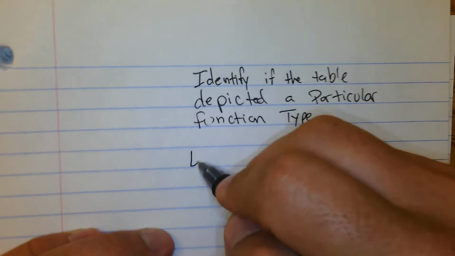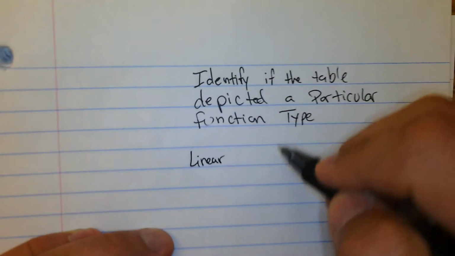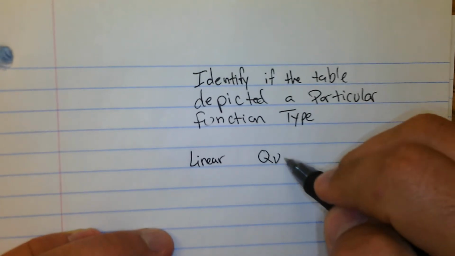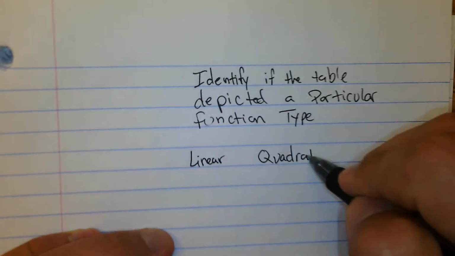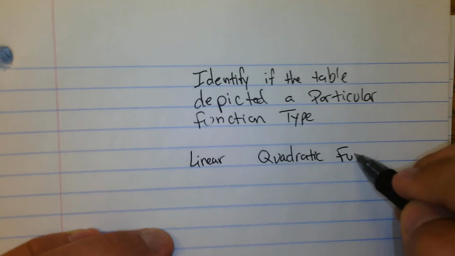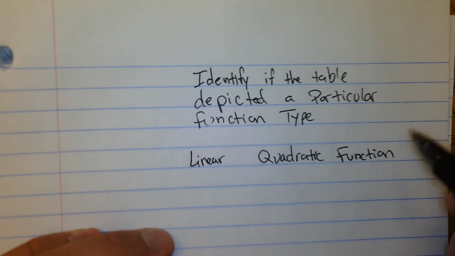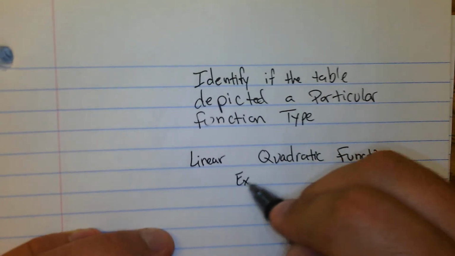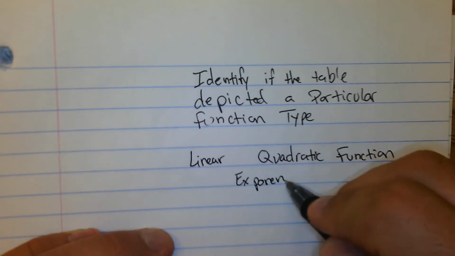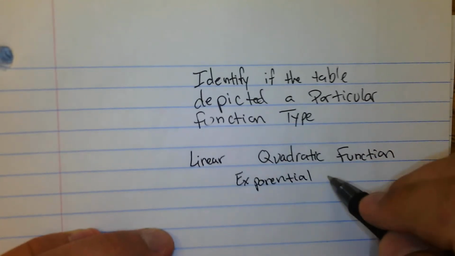One was linear function. Another one was a quadratic function. And the last one was an exponential function. Okay.